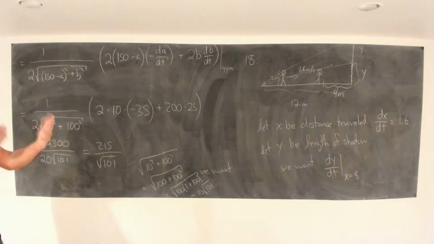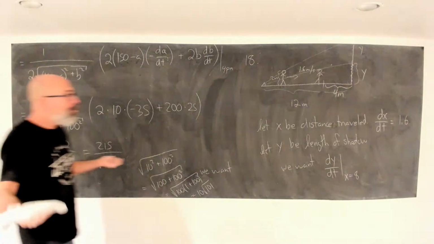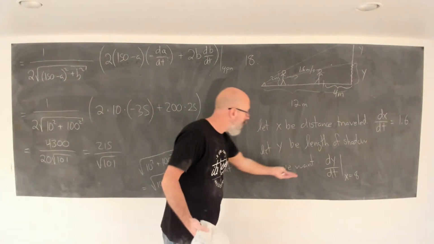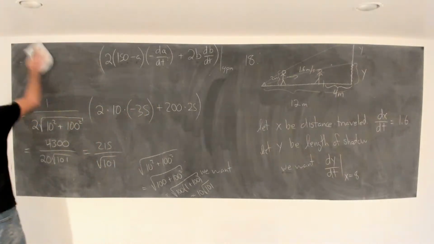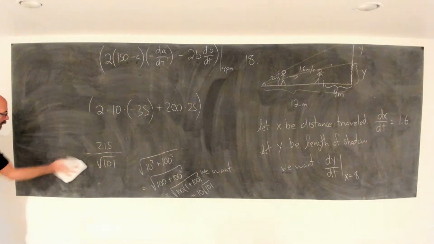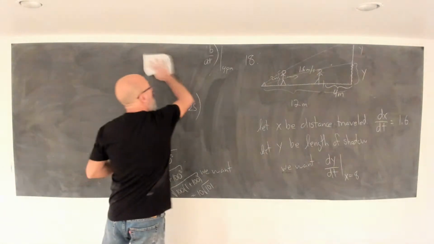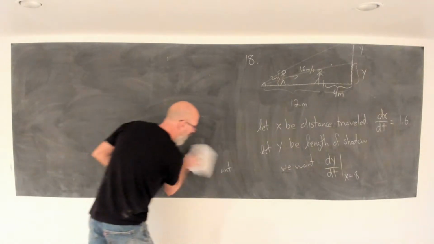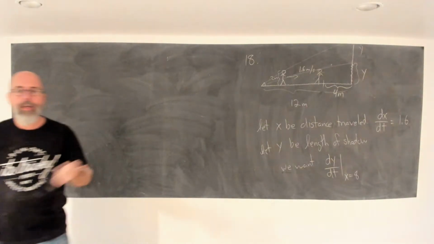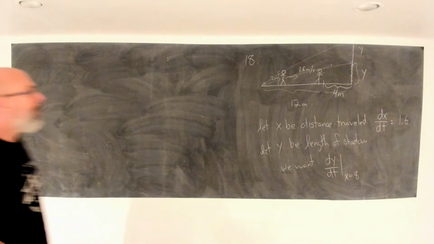So we've introduced some variables. We asked the question, what does the problem want? The problem wants dy/dt, and it has given us dx/dt. So really the question is, is there a relationship between x and y? If so, what is it?